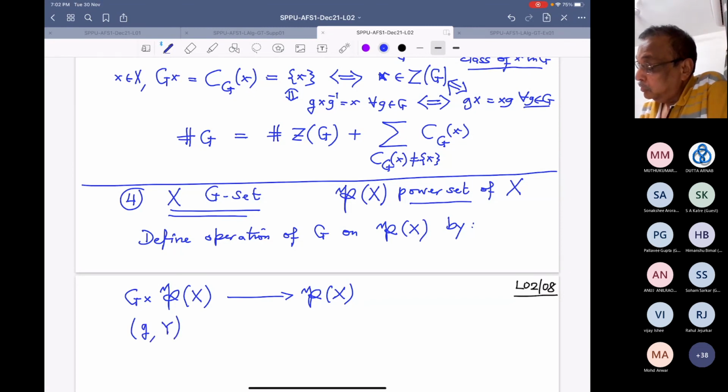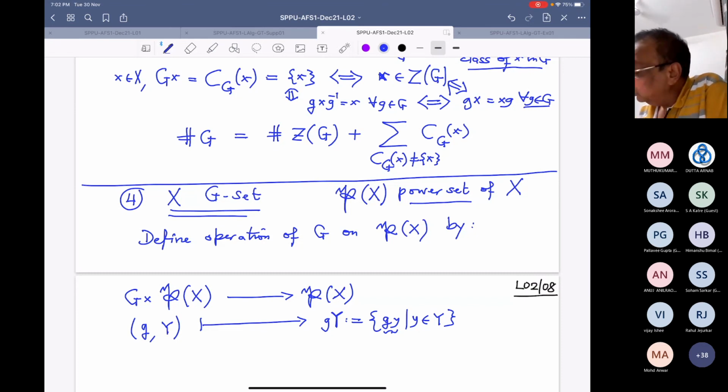Y is a subset of X. It goes to g times Y, which by definition is all those small g multiples of elements from Y. Already we have this because X is a G-set and Y is a subset there. So this makes sense, and this is clearly a subset of X. Therefore it belongs here, so it defines this map.